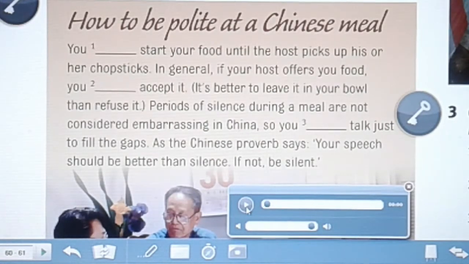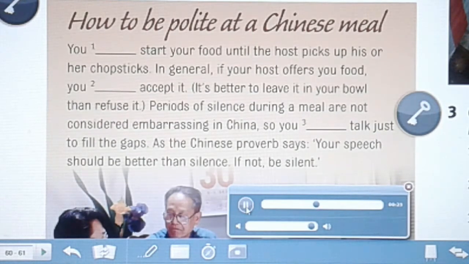Now, check your answers. Unit 7, page 61. Grammar. Explore. Exercise 1. Listen and check. How to be polite at a Chinese meal. You mustn't start your food until the host picks up his or her chopsticks.